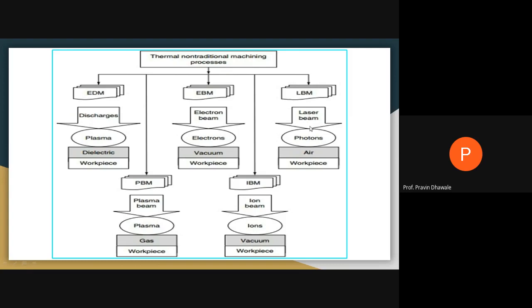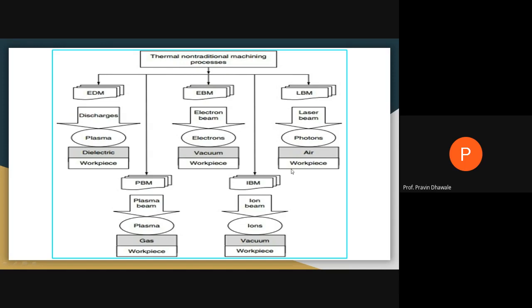When this laser beam strikes the workpiece, heat is generated and the material is removed by melting as well as vaporization, because a very high temperature is achieved by the striking of the laser at a particular portion on the workpiece.